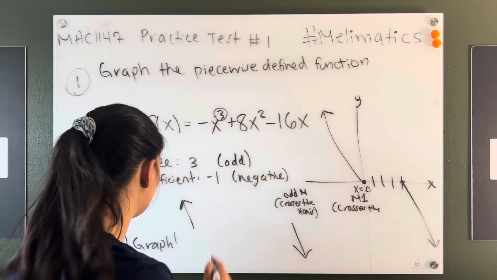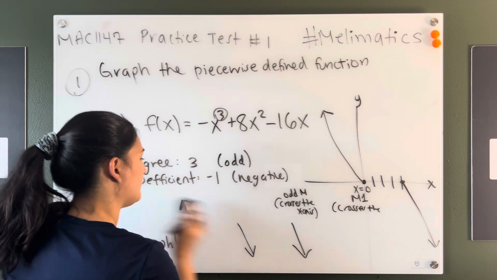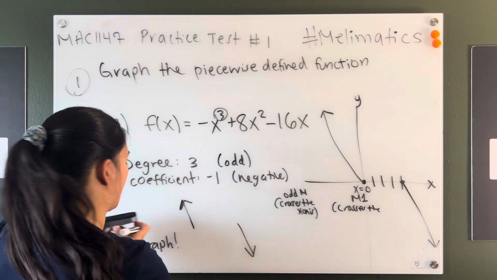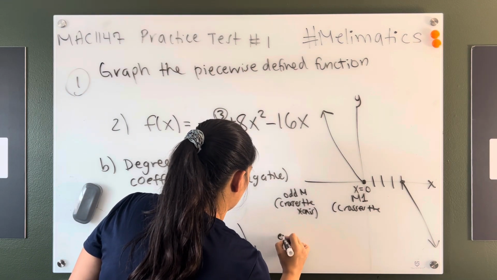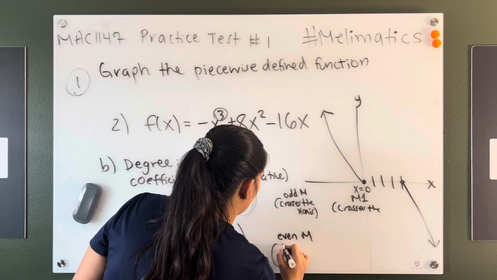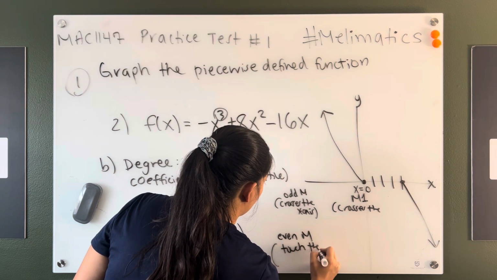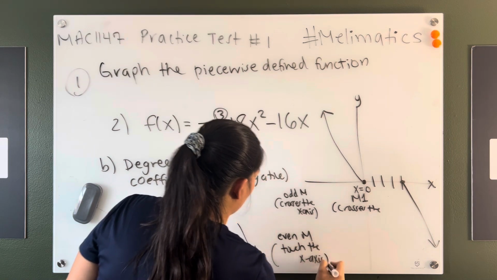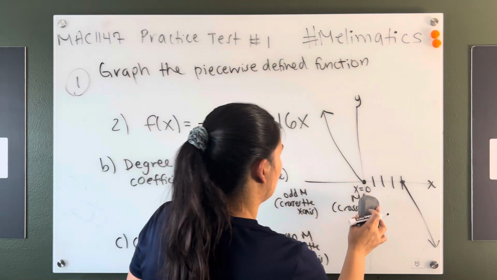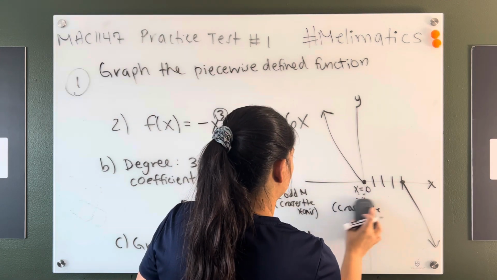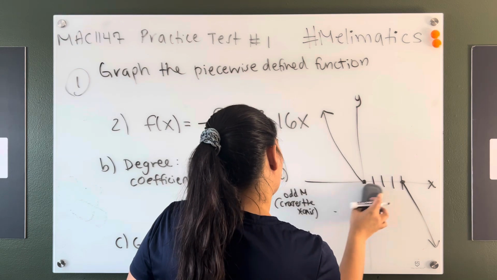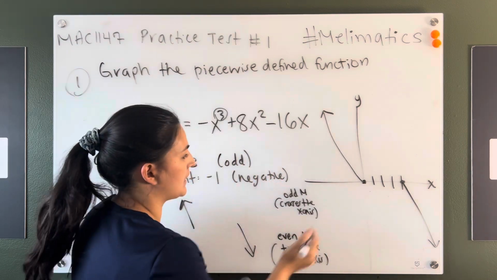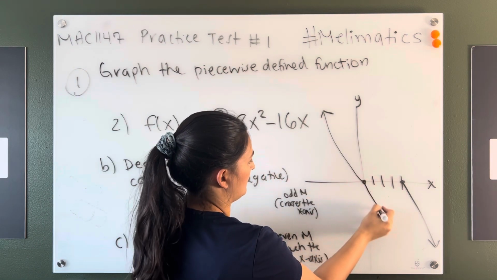When it's an even multiplicity, it's just going to touch the x-axis, but it cannot go through it, and it's going to change direction. So at x equals 0, it was an odd multiplicity, so that means you're going to cross the x-axis, so it's going to go like this.